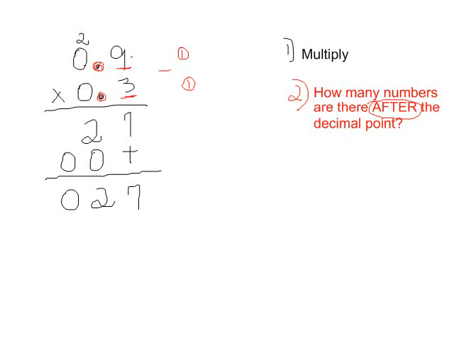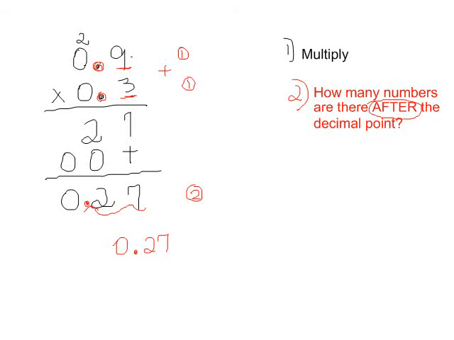When we come down to our answer, we will add up how many spaces there are, and we'll see that we will need to have 2 spaces after the decimal point. Right over here. The answer then becomes 27 hundredths, or 0.27.